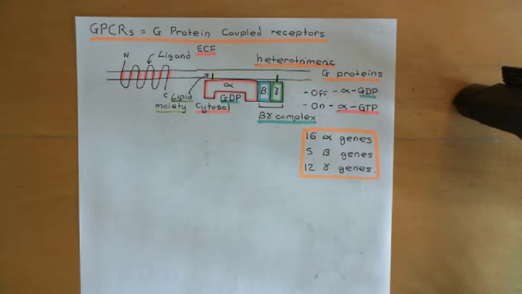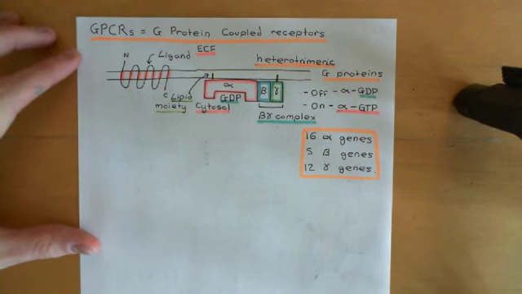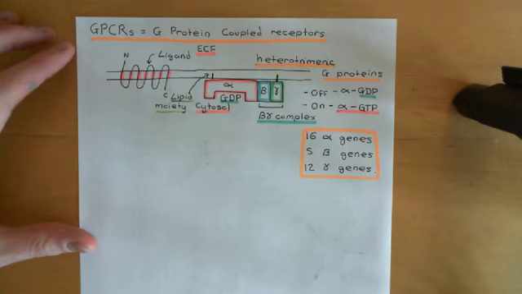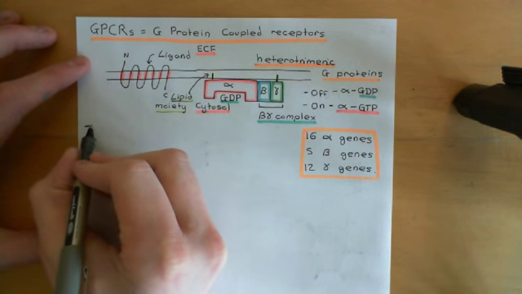In reality, the beta and the gamma do determine the specificity, but only mildly compared to the alpha subunit. Now let me tell you about the heterotrimeric G proteins that we are specifically going to be interested in.